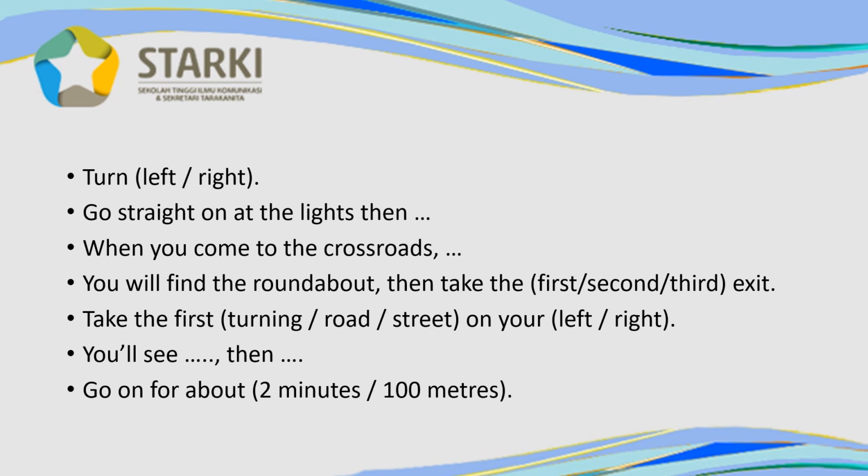When you come to this crossroad, you just go straight forward, and then for the second crossroad, you turn right. Okay, or you will find a roundabout, then take the first, or take the second, or take the third exit.